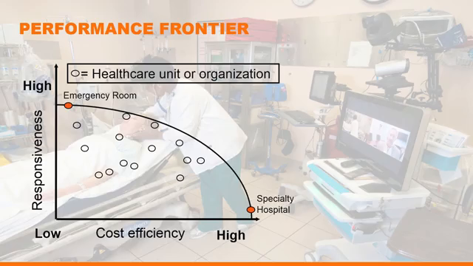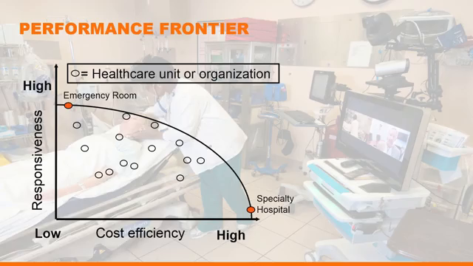Now, the curve that you see on this graph represents the performance frontier. Given current technology, this is the best that companies can do, or in this case, we're talking about healthcare, and this is the best that a healthcare unit or a hospital can do in terms of offering both cost efficiency and responsiveness.